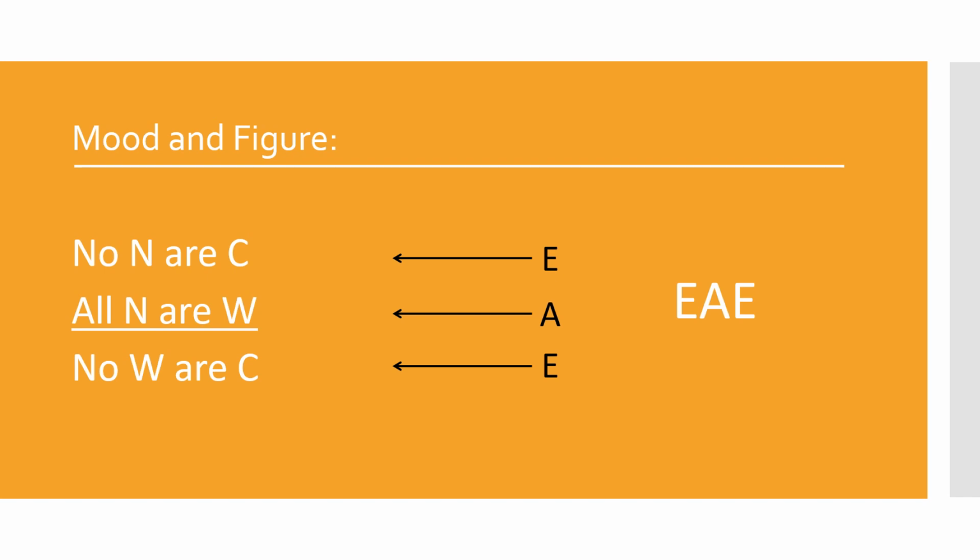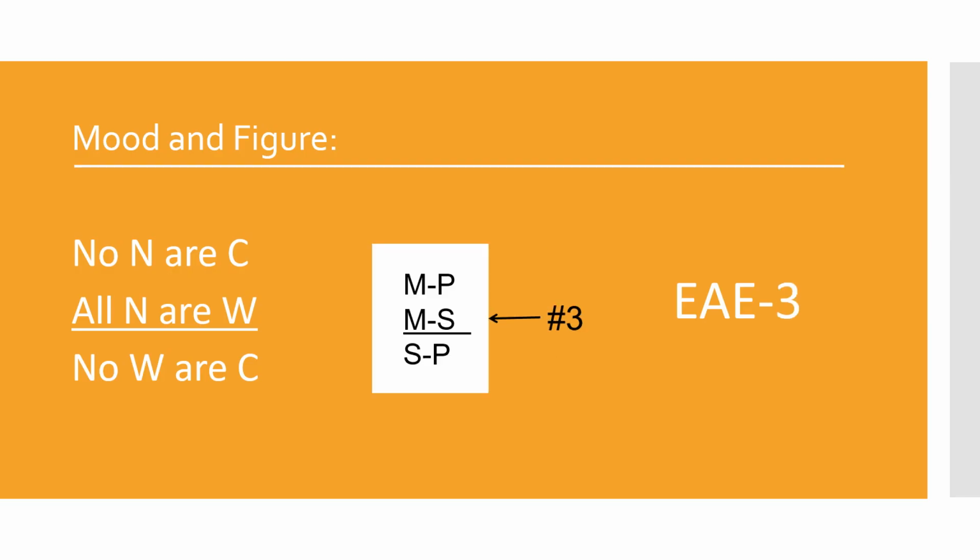In order from major premise, minor premise to conclusion, we get EAE. And of course, the middle term, the N here, is sitting on the inside of my premises as the subject term of each line. And what that means basically is that we're talking about figure 3. So this argument, when all is said and done, is an EAE-3.